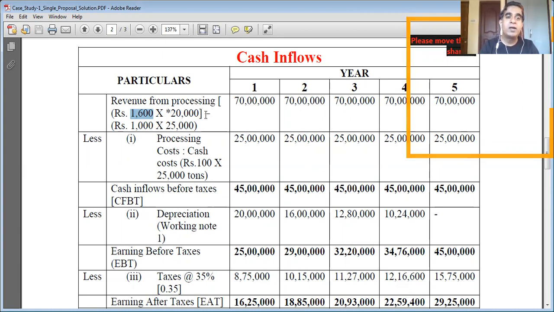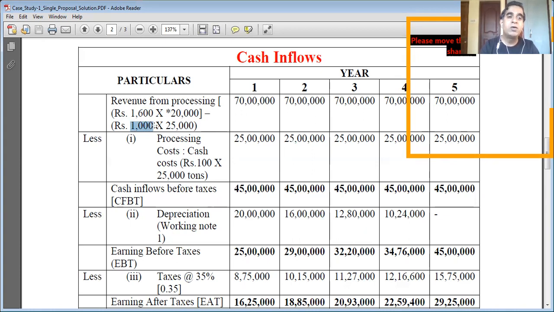By considering what will happen if the company does not install the new equipment. The 25% of the ore, which is 25,000 tons, along with the remaining 75%, will be processed and sold at a price of 1,000 rupees per ton.